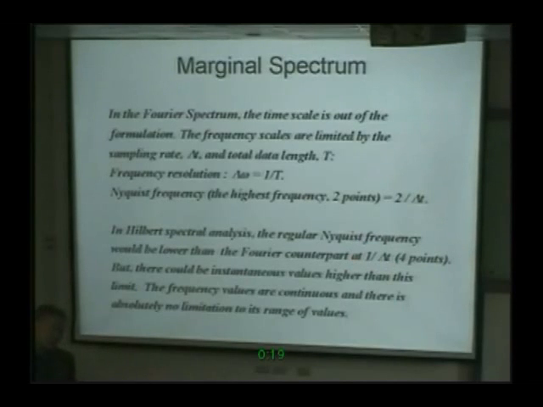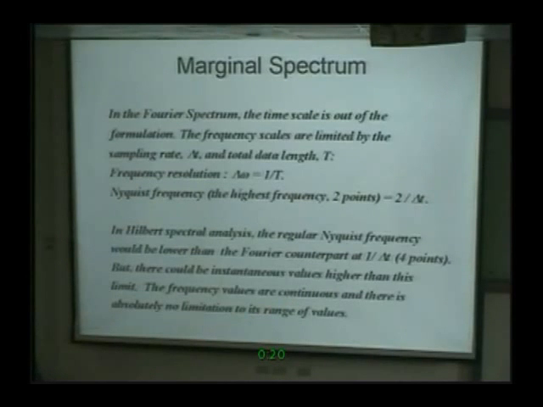So we're using 4 times to define, our frequency is much lower. Fourier can go higher in Nyquist. However, the highest frequency that you can get from the Hilbert spectrum sometimes surprises you. For example, when we take a derivative, if you have a singular point, at the point of derivative, that value can be very high.